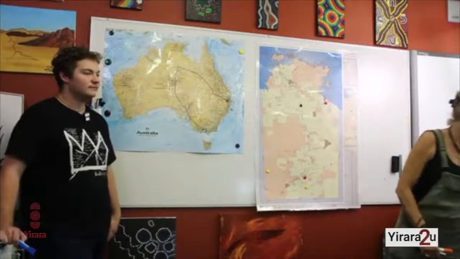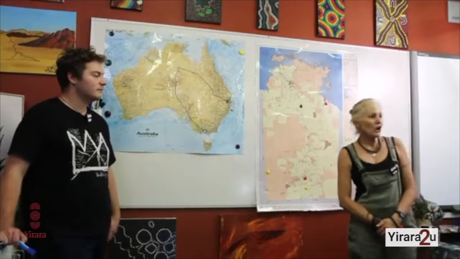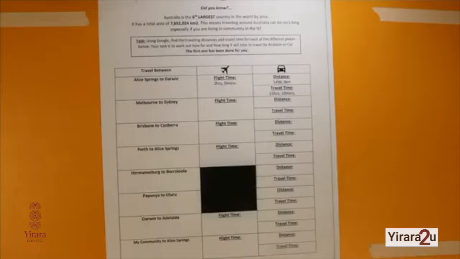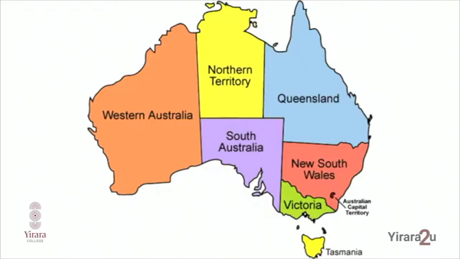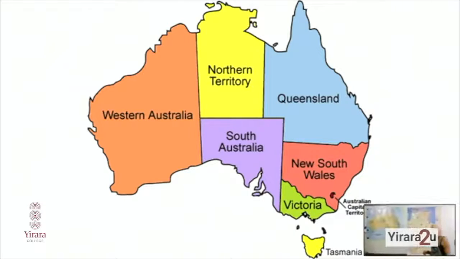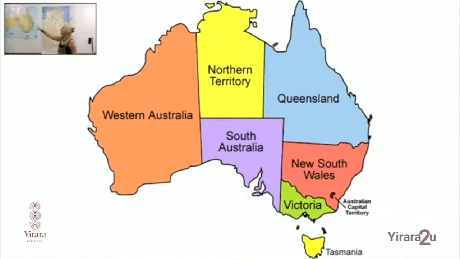Alrighty. Now, what we're going to see on our first slide is just a reminder of that map that you looked at yesterday with Mr. Lico. And it showed all of the states of Australia. So Mr. Max and I have just explained to you where we've come from, the eastern states, all the way back to Alice Springs in the middle of the country.